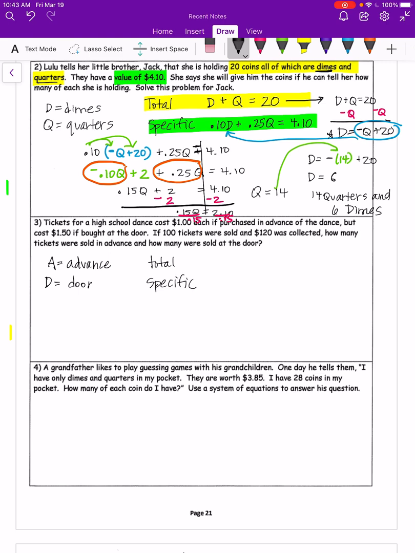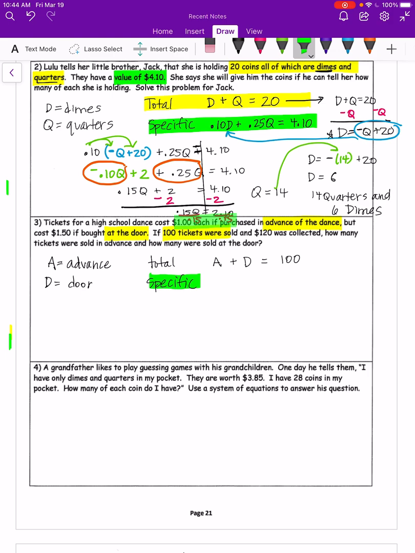So total, what do I have going on? I have advance tickets, and I have at the door tickets, and I have 100 tickets that were sold all together. Okay, so I have advance tickets, and I have door tickets, and they sold 100 altogether. Now, specific, we're going to get a little more specific to each one.